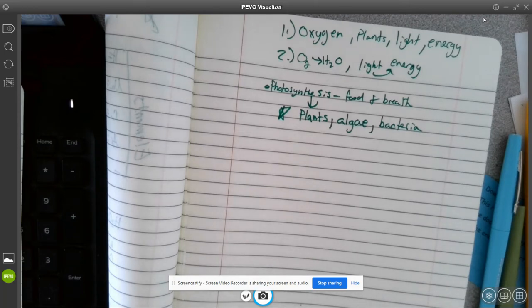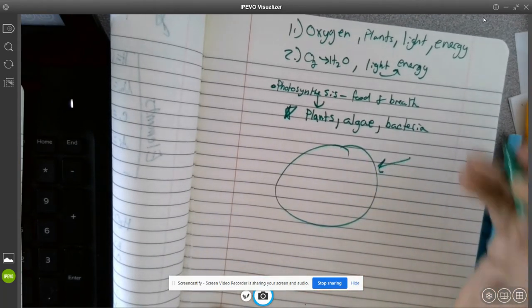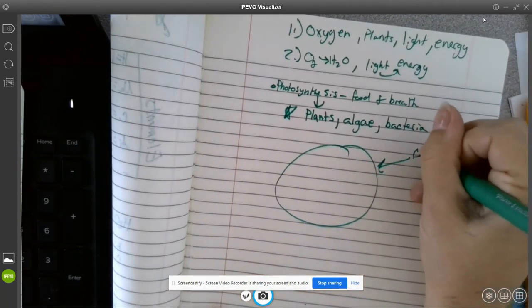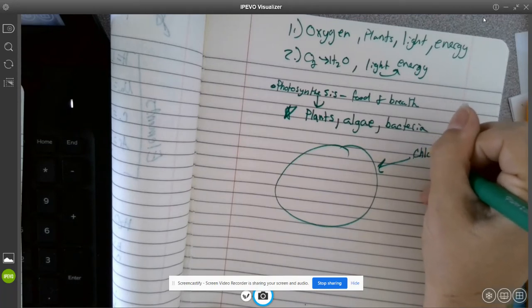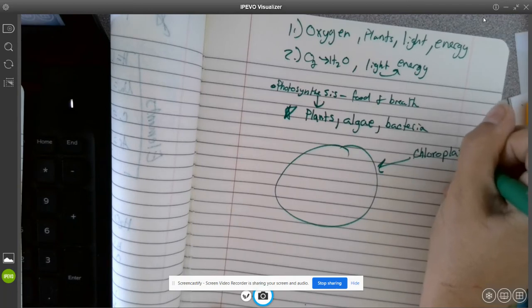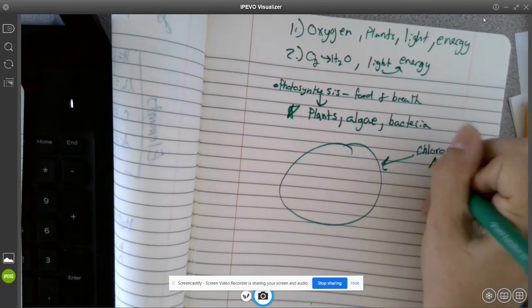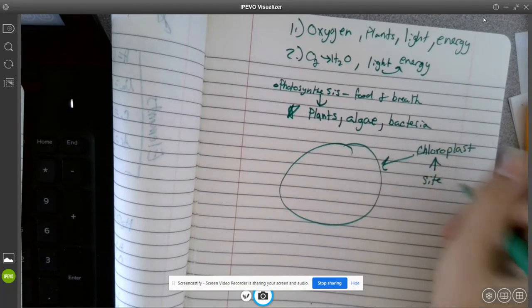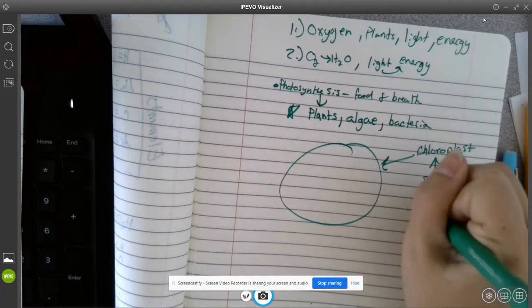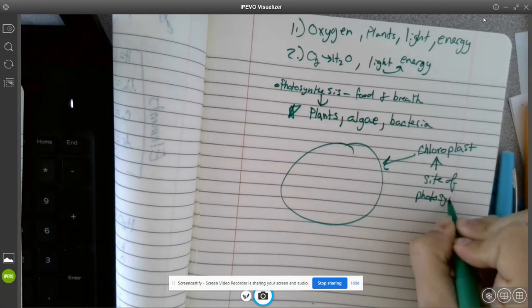If we go back to our biology days, I'm going to draw out what is called a chloroplast. The chloroplast is going to be our site of photosynthesis, meaning that a chloroplast is where photosynthesis occurs.